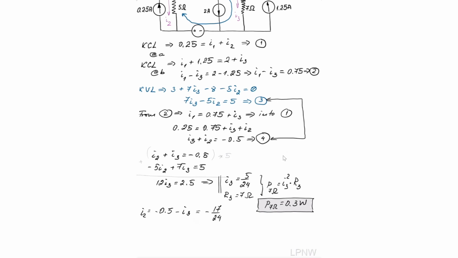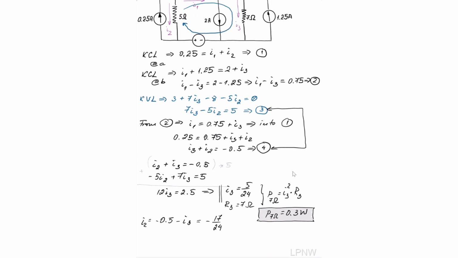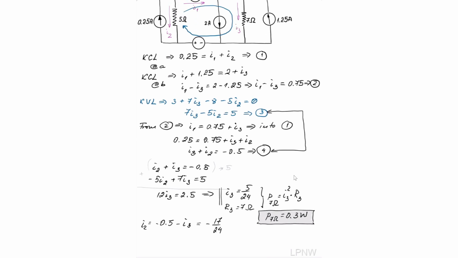Now that value for the current I2 I can relate with the 5 ohm resistor, R2. So from those two, I can get the power related to the 5 ohm resistor, which is negative 17 over 24 squared multiplied by 5. Using the calculator, you get an answer of 2.5 watt. And that's the second part of the question.